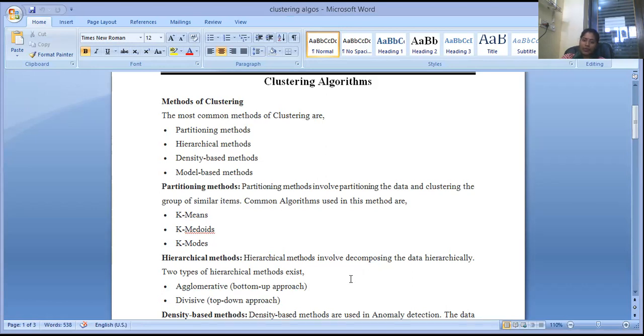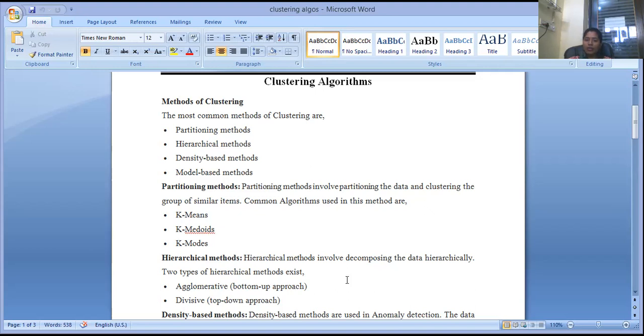So what do these methods do? Firstly, partitioning methods involve partitioning the data and clustering similar data items into one group. This process is known as the partitioning method.